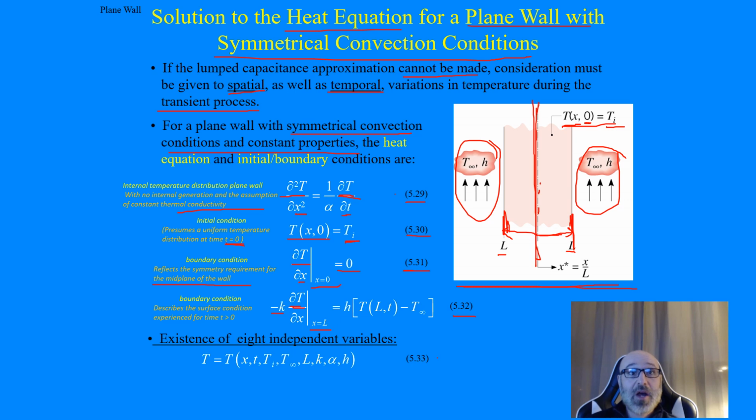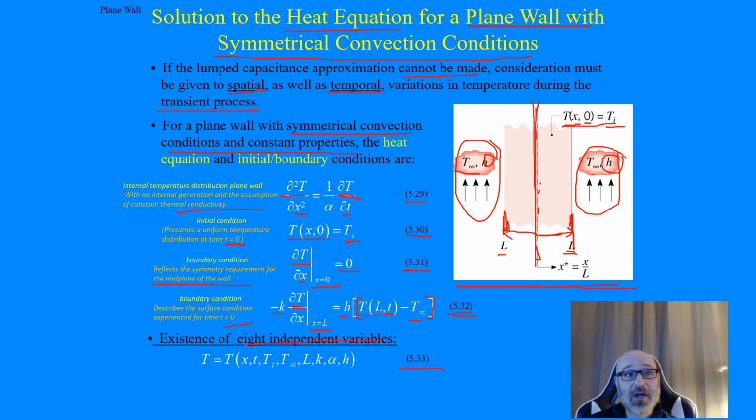This is equal to h, the same on both sides for convection, times our temperature difference between the temperature at L comma t, so when x is equal to L and our time is some t greater than 0, minus the temperature of our surroundings, T infinity. This is our equation 5.32.